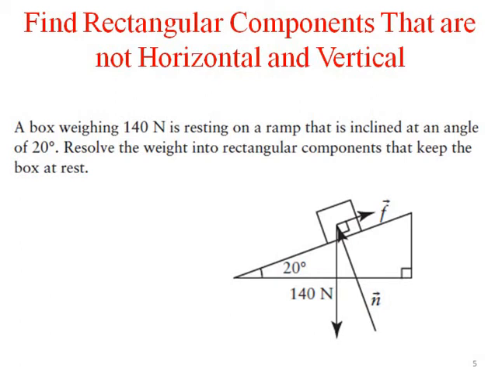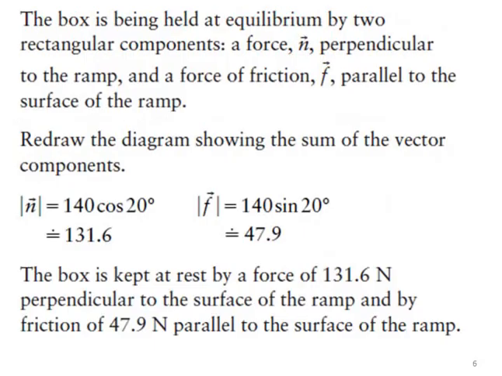So when you multiply that, you see it in this slide, 140 times sine 20 will be 47.9, and 140 times cosine 20 is going to be 131.6. So the box is kept at rest by force of 131.6 Newton perpendicular to the surface of the ramp, and by friction of 47.9 Newton parallel to the surface of the ramp.